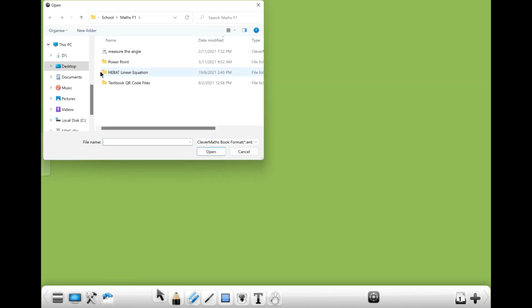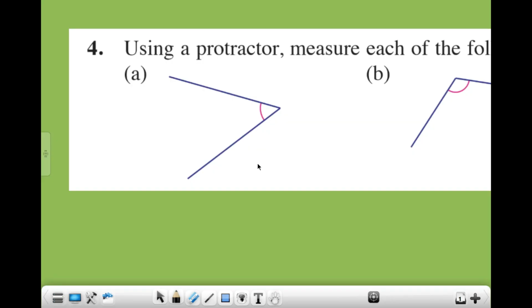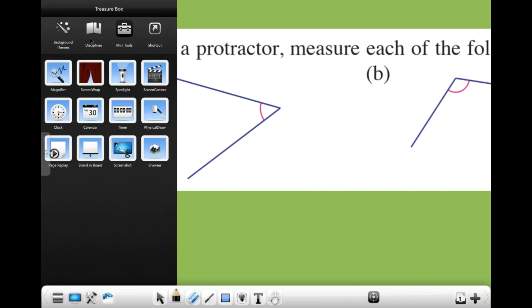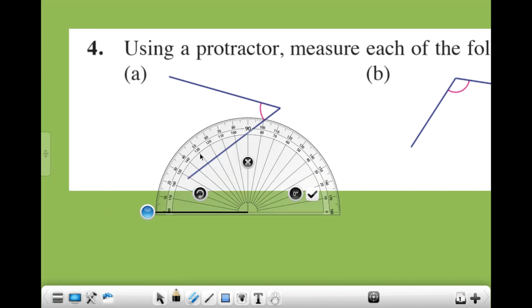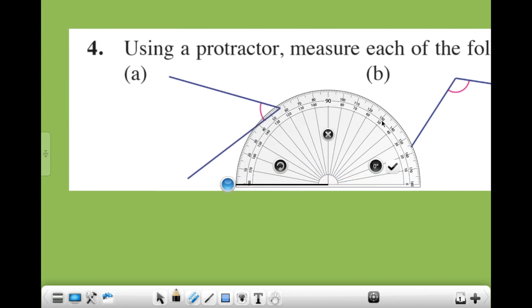Okay, can everybody see this? Yes. This is the question that we have just now. So to use the protractor, you take out your protractor. Okay, this is my protractor here. What is the scale for the outside measurement here? Still remember or not?